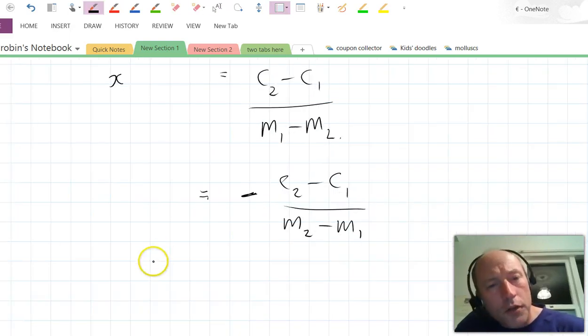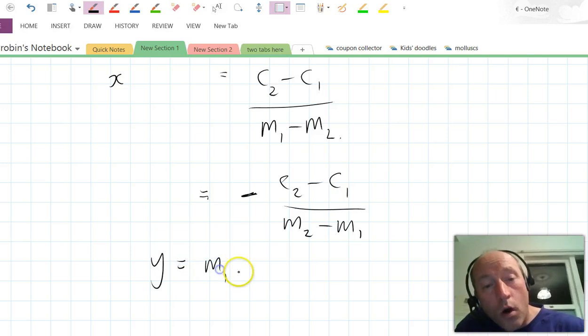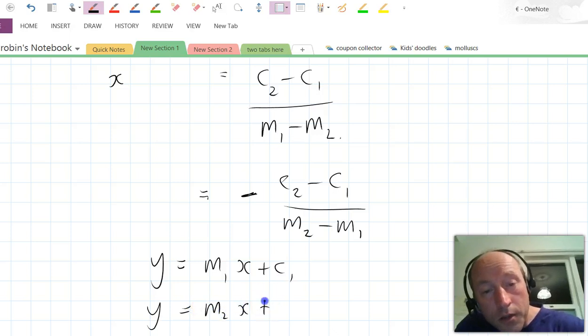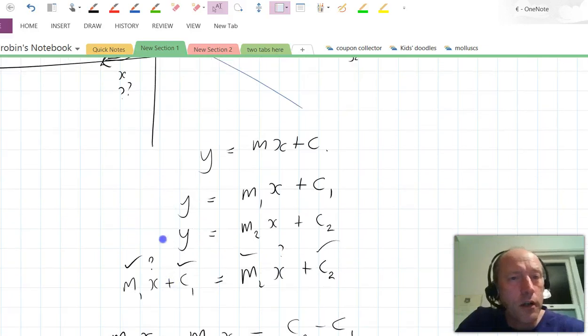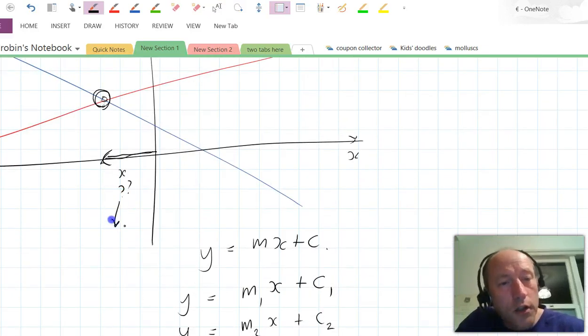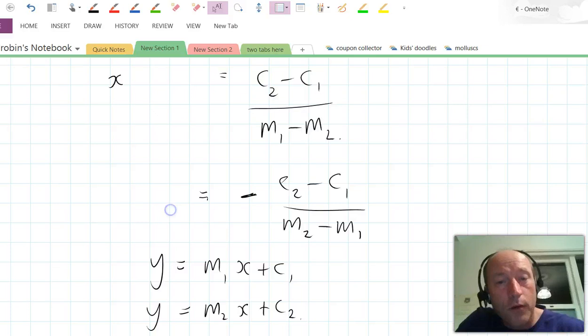So you'll remember that I've got two lines. I've got y equals m1x plus c1, and I've also got for the second line y equals m2x plus c2, and we know the value of x at the crossing point. So what we need to do is figure out what the y value of the crossing point is. I could write that on using this formula here if I wanted. I'll put that in brackets. There we go.